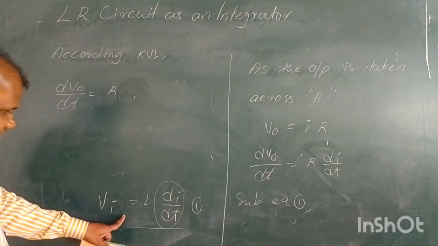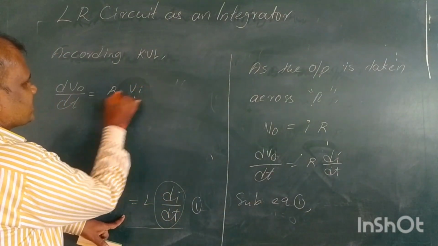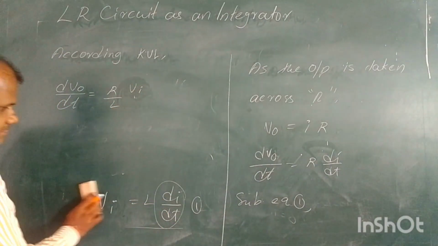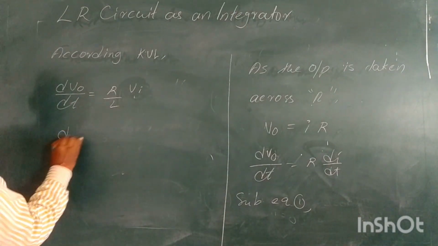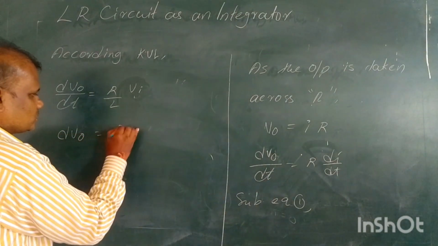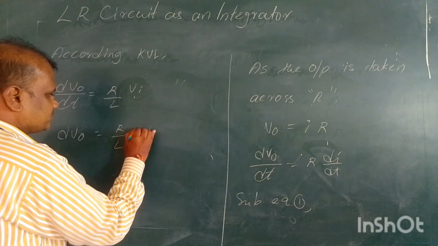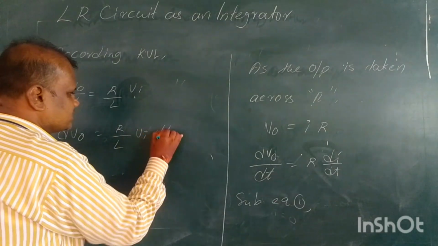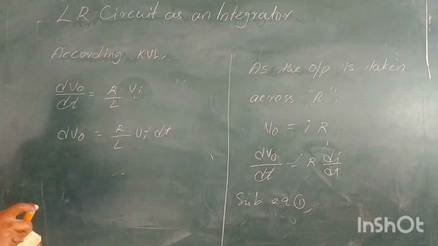The di by dt value is Vi by L. So you can write dV naught equals R by L into Vi dt. Then integrate on both sides.